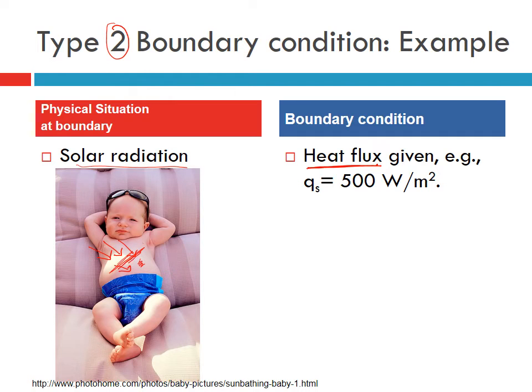On the surface the heat flux is given. Let's say it is 500 watts per meter square. 500 watts per meter square would always be coming. So what is given at the boundary is a flux, Qs double prime equal to 500.